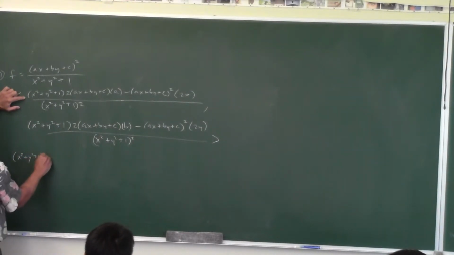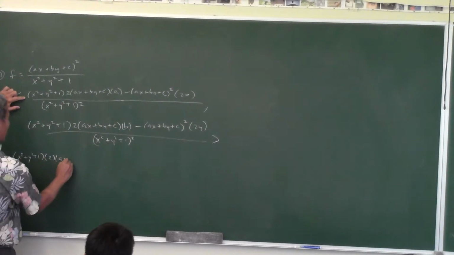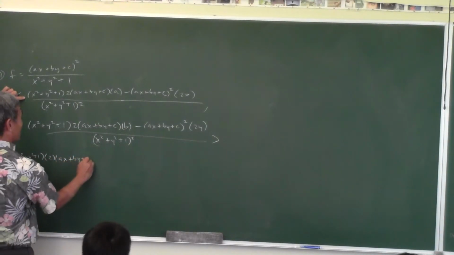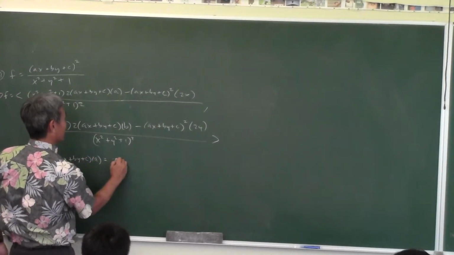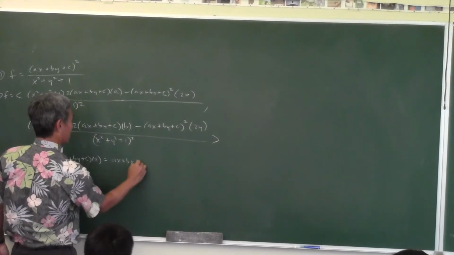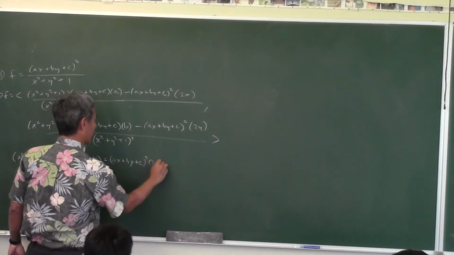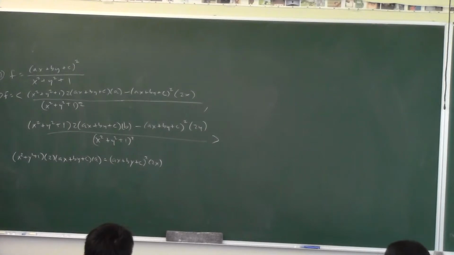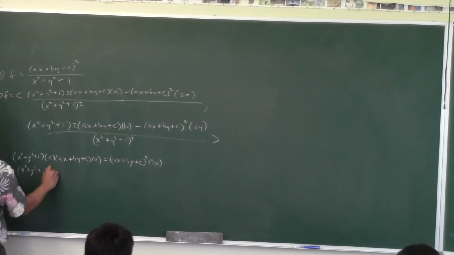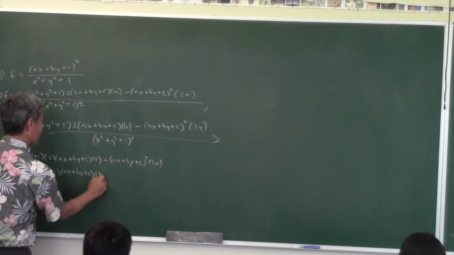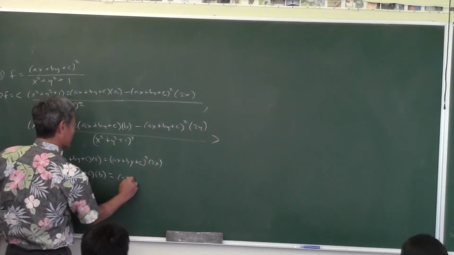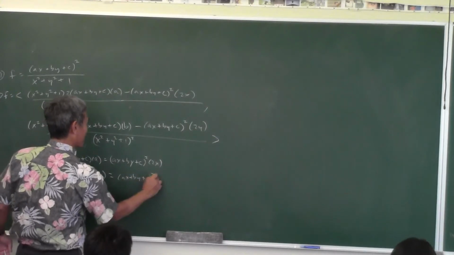If you set the x component equal to 0, the numerator has to be 0. Setting this one equal to 0, x squared plus y squared plus 1 times 2 times ax plus by plus c times b has to equal ax plus by plus c, quantity squared, times 2y.